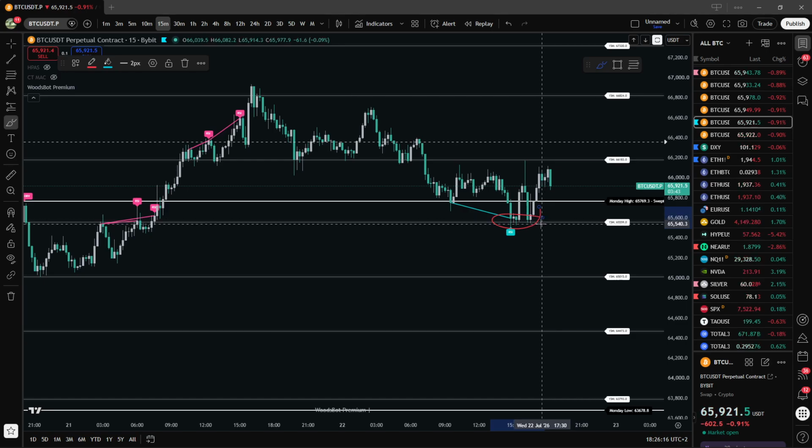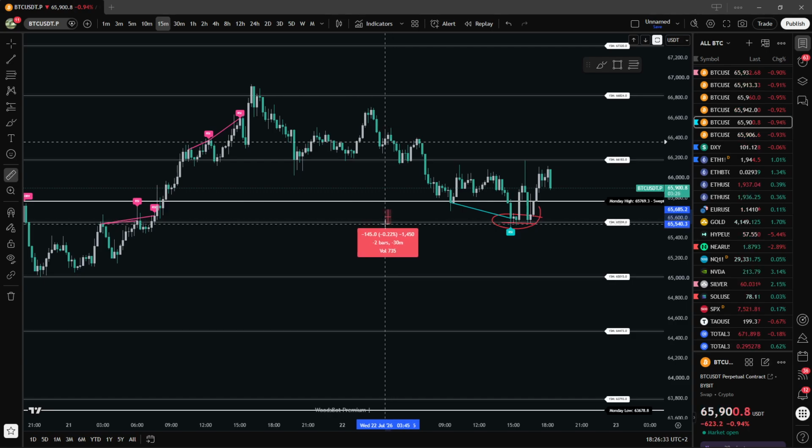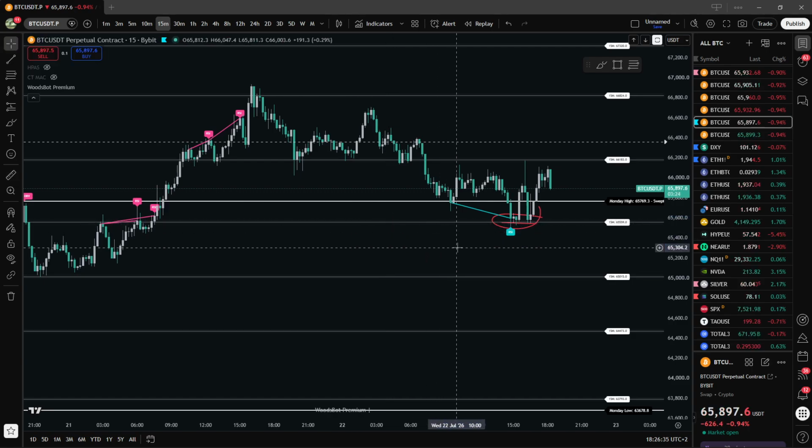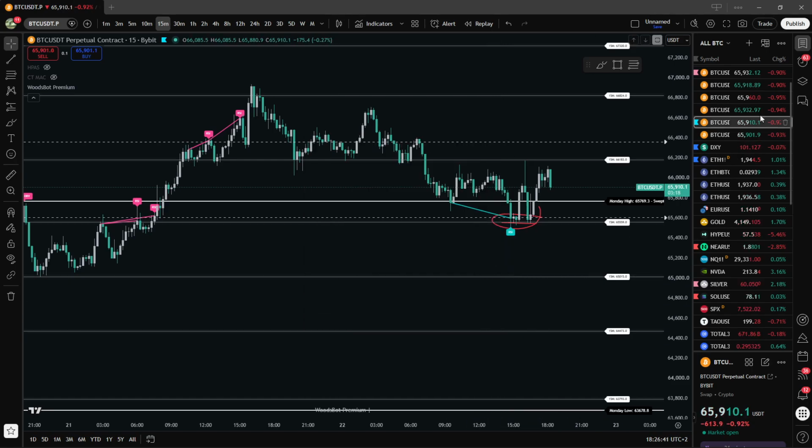And if Bitcoin manages to close below these lows, I'm gonna consider closing my long position as well, just to keep my risk management super tight. My entry is around this level, and I would only lose like 0.2%. So you really have a nice invalidation for this long setup right now.